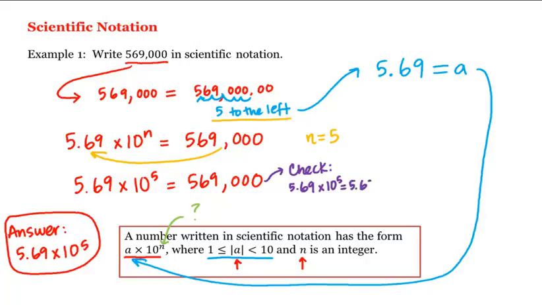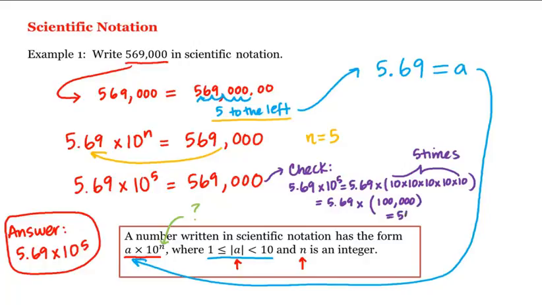This is equal to 5.69 times 10 times 10 times 10 times 10 times 10, 5 times, or 5.69 times 100,000, which is 569,000.